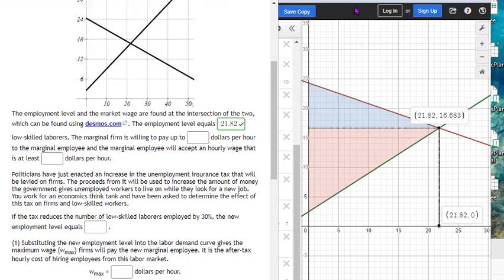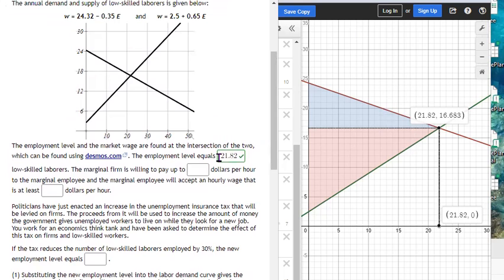Now, the marginal firm is probably a small, high-cost producer, because if the wage goes up a little bit, their margins are so small that they may exit the market. They may stop employing labor. So marginal firms tend to have a higher cost per unit than the other firms hiring out of the same labor market, right?